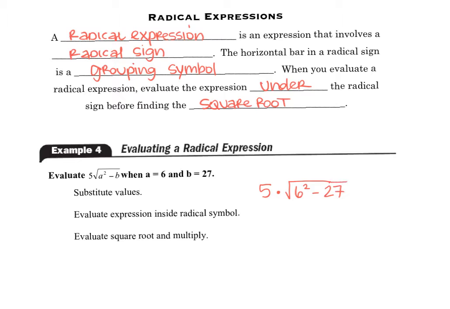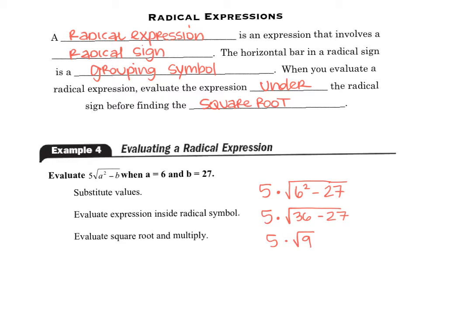Okay, so we need to first do what is under the radical sign. Under the radical sign, I have an exponent and subtraction. So I'm just following order of operations, and I know exponents come first. So 6 squared would be 36. And then I'm going to do 36 minus 27, and that is 9.